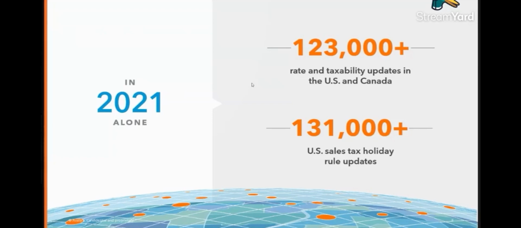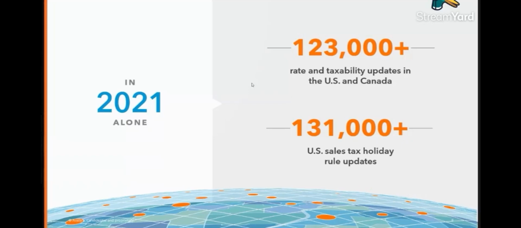A sales tax holiday is a certain time period when a product that is normally subject to sales tax is exempt for just a certain period of time, usually a weekend, but sometimes up to a week. And so Avalara is going to be able to track not only all those taxability changes, but all the tax rate changes for all the products, services and locations here in the US and globally, including Canada, to help automate that for you so your accounting team doesn't have to maintain that behind the scenes and monitor all that.